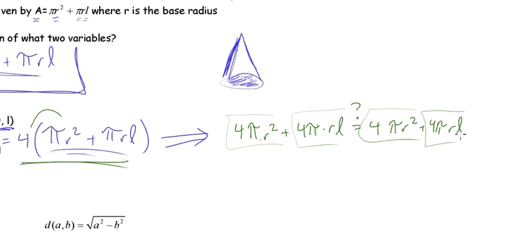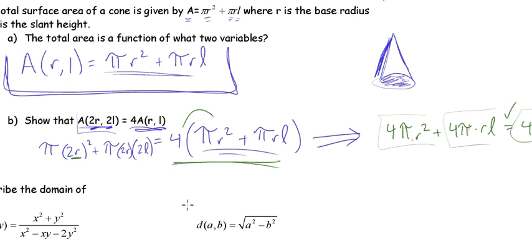These are the same, so they are, in fact, equal to one another. So we've shown now that, yes, this is true, that the function of A when R is 2R and when L is 2L is equal to 4 times the function of A with R and L. All right, hope that helped.